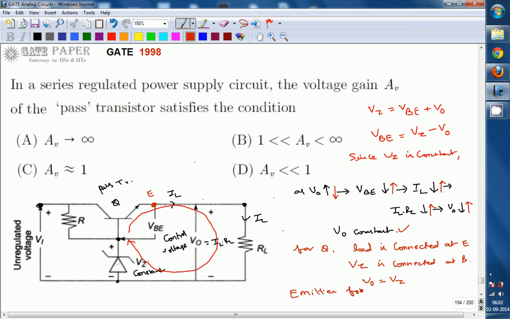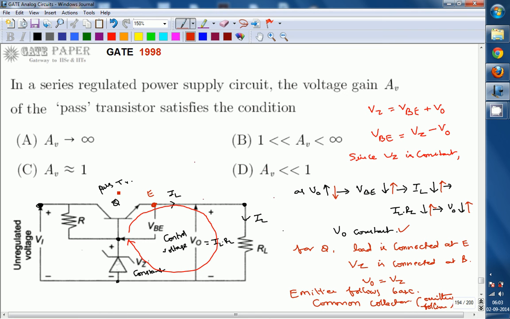Emitter follows base, which is the characteristic of a common collector. Only in a common collector does the emitter follow the base. That's why the common collector is called an emitter follower circuit.